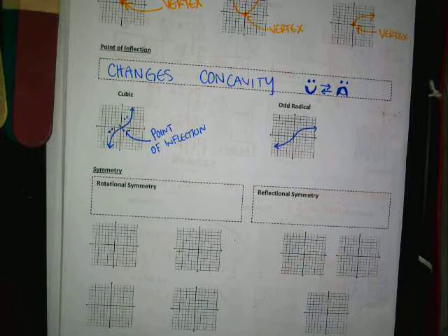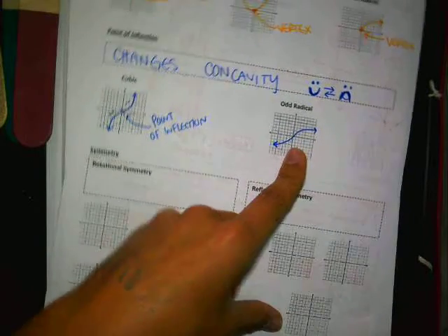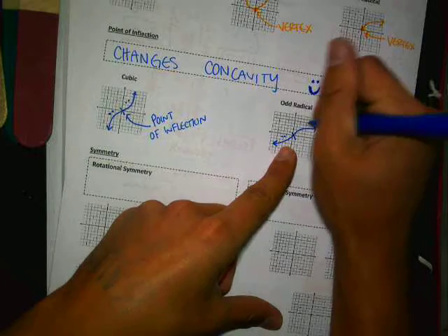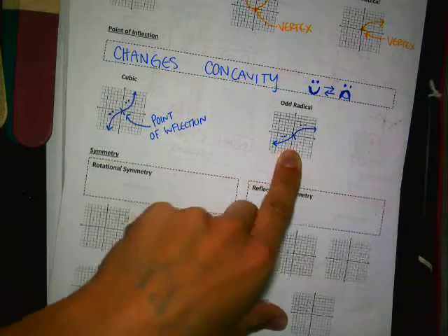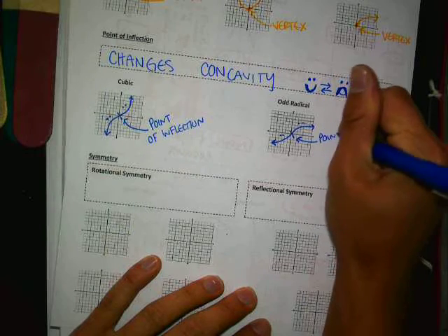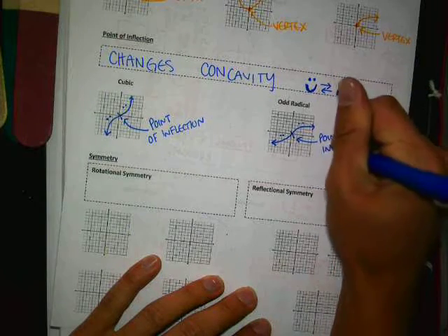All right, so it's where your function goes from sad to happy. It's called a point of inflection. So then same thing over here. You go from happy face to sad face. So this point right here is your point of inflection.